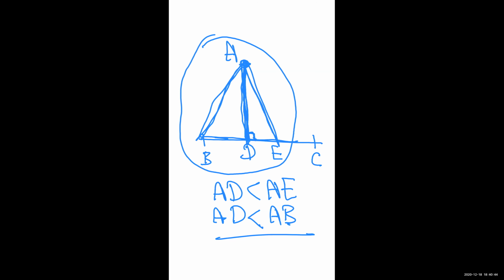Now, is it clear? I mean, AD is less than AE, less than AB, less than AC, less than AF, less than AG, all this. So AD is the shortest line in the whole. Again, guys, if there is a straight line like this, and this is point A, the shortest distance is the perpendicular, of course.